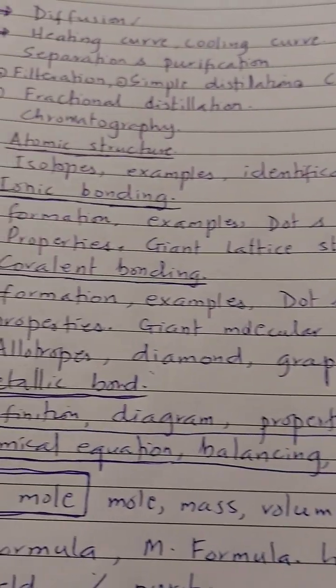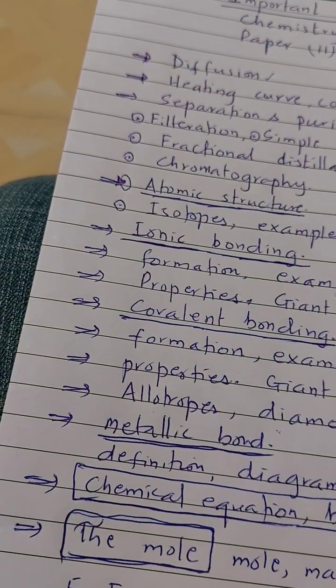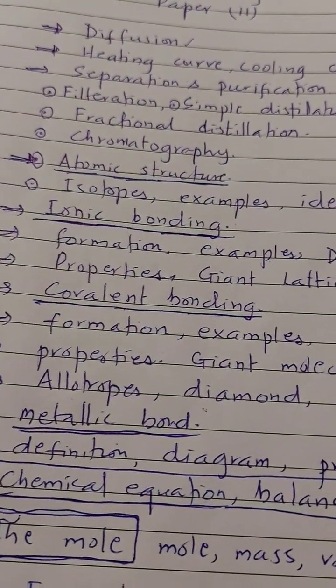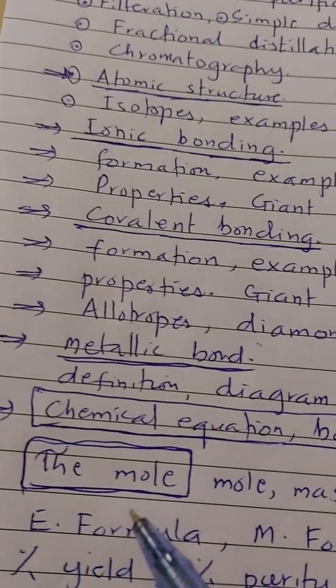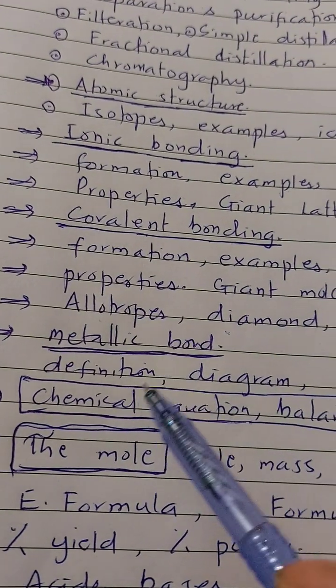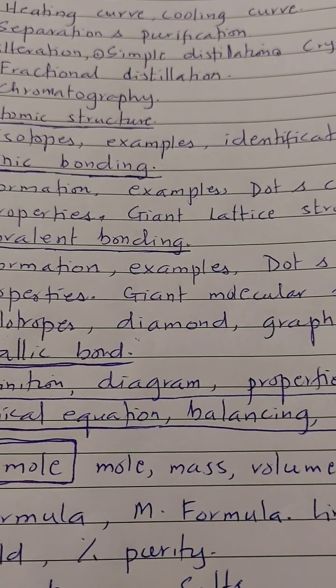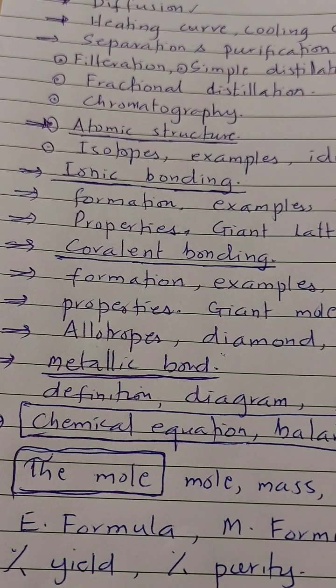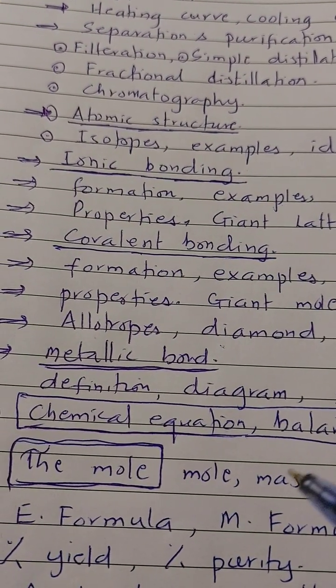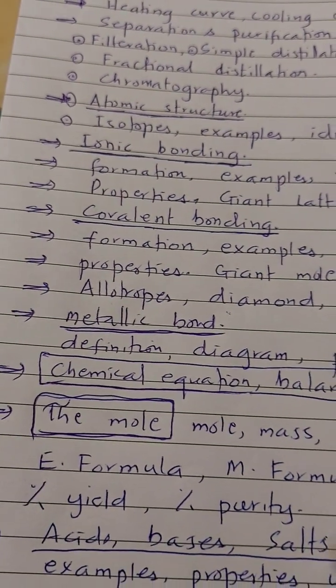It's a very compulsory question. Then next is the metallic bond, definition and diagram and properties of the metallic bond. And the chemical equation we have discussed.